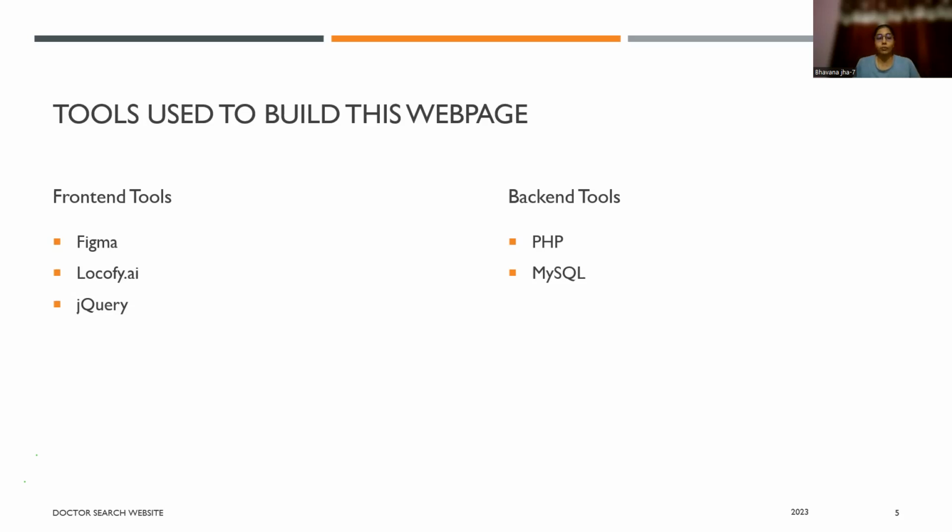Then jQuery is a very simple, fast and rich JavaScript library where things like HTML document traversal and manipulation, event handling, and Ajax become much simpler with the help of jQuery.